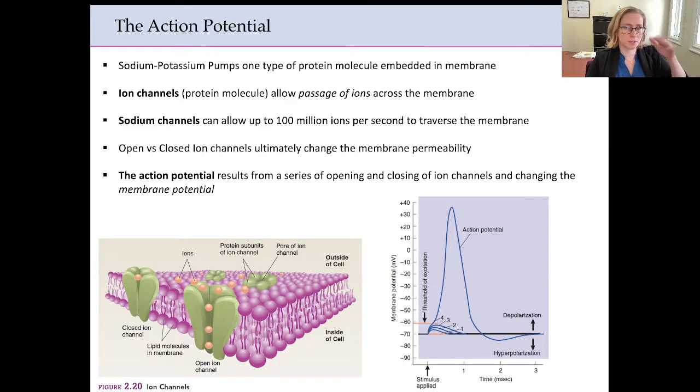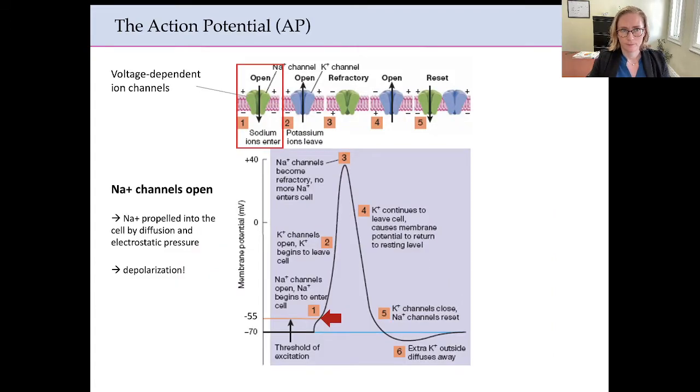So let's walk through this step by step of what exactly is happening with which ion channel and how we are getting this action potential. Okay, so the first thing that happens, and I mentioned this, negative 55.